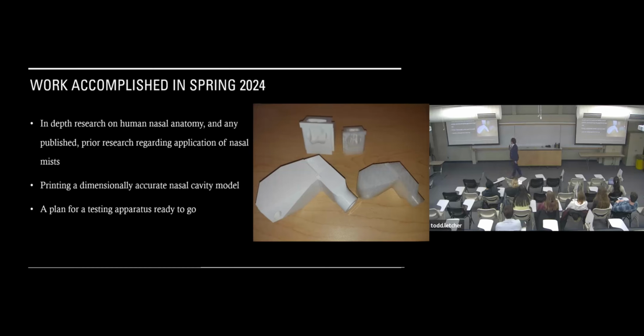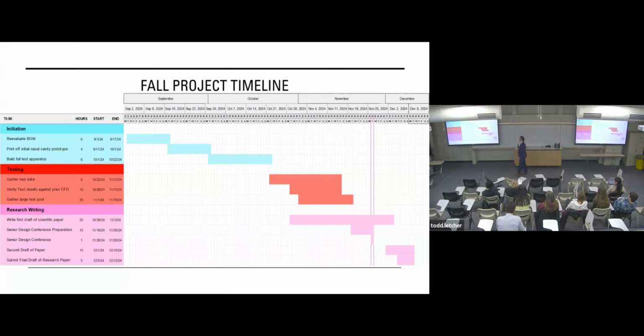That one is 75% scale, but as you can see, it is not nearly as transparent as we would like to see. We want to be able to identify the colored mist inside the cavity, and although some light shows through that model, you can't see the cavity inside, let alone the table behind it. We also developed a plan for the test apparatus for next semester.